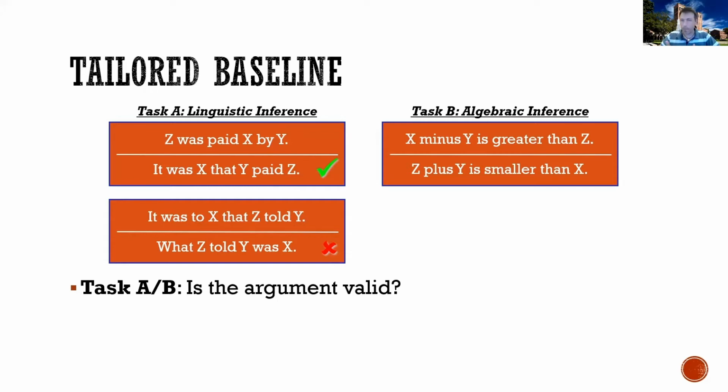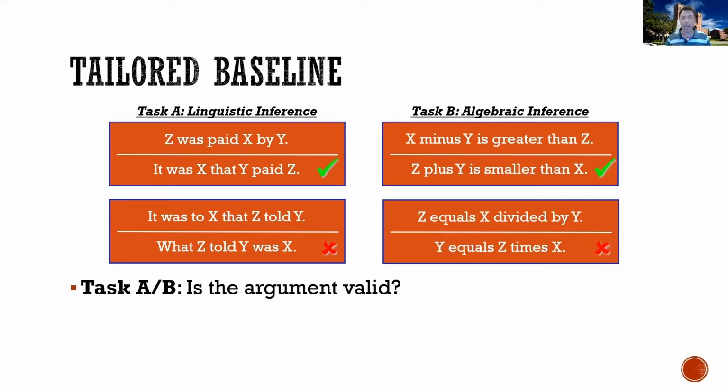And of course, with a simple bit of algebra, you will find out that the first and second statements can be transformed one into the other, so essentially mean the same thing. And just as for the linguistic inferences, if you shuffle around X's and Y's, you can create statements that do not match in the same way. So whether it's linguistic stimuli or algebraic stimuli, your job is to read the two sentences and tell me, do they mean the same?